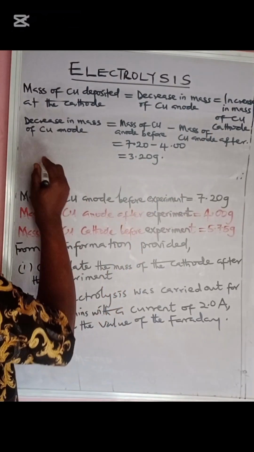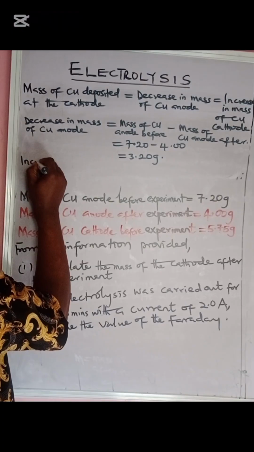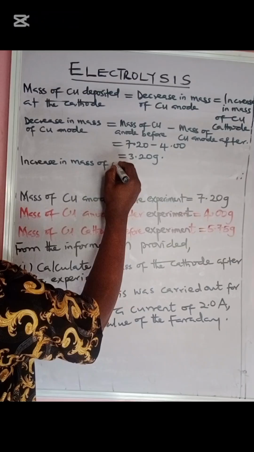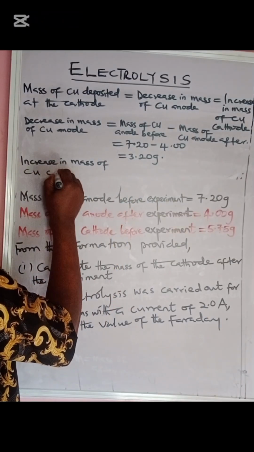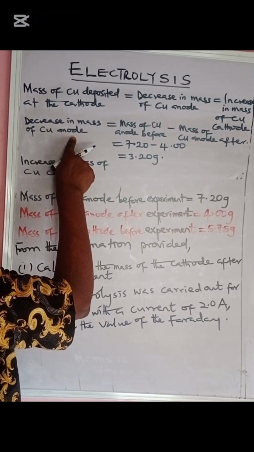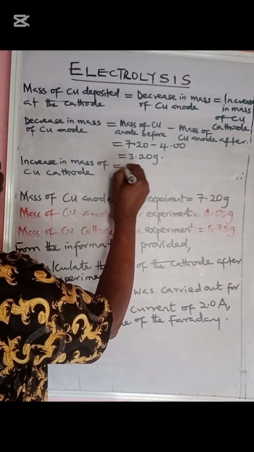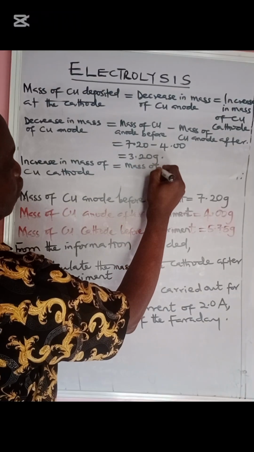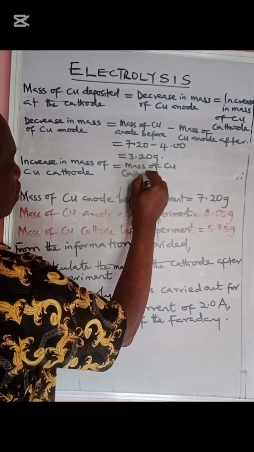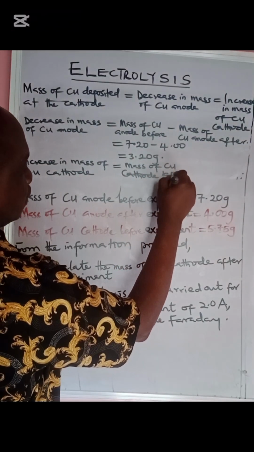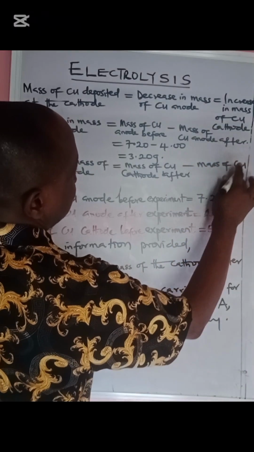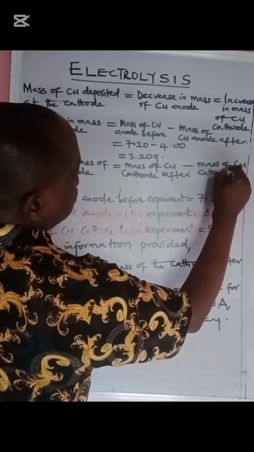Note this answer. The increase in mass of copper cathode is written as the decrease in mass of copper anode. So this equation is equal to mass of copper cathode after minus mass of copper cathode before.